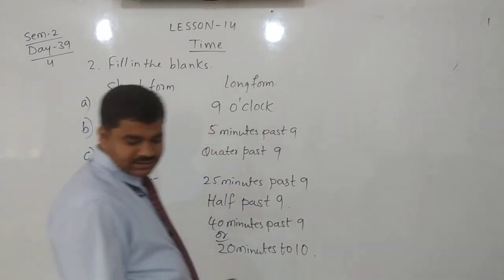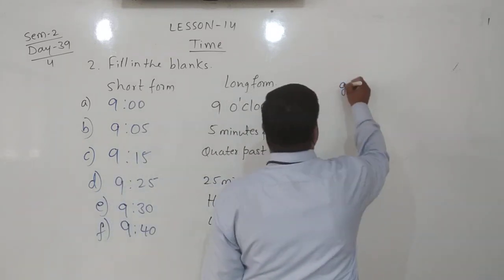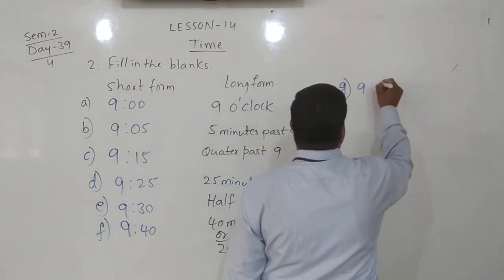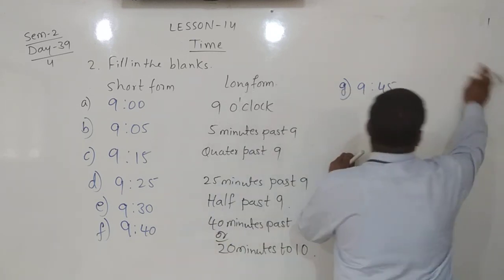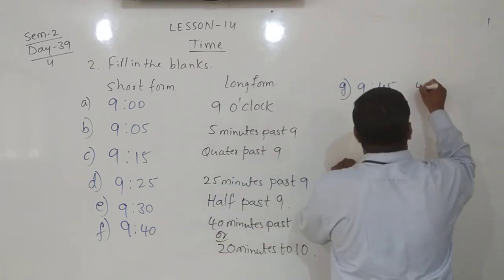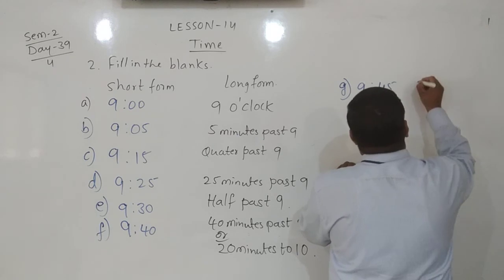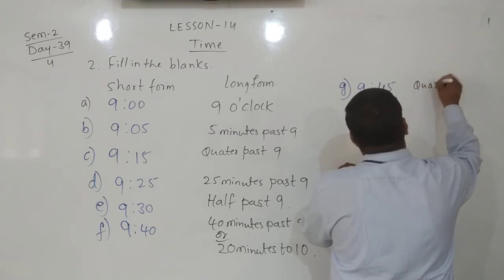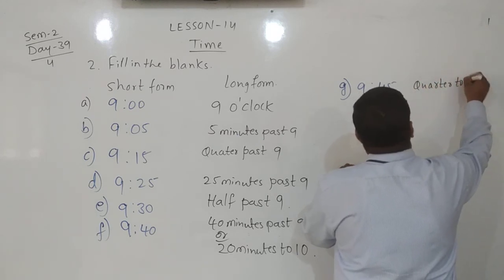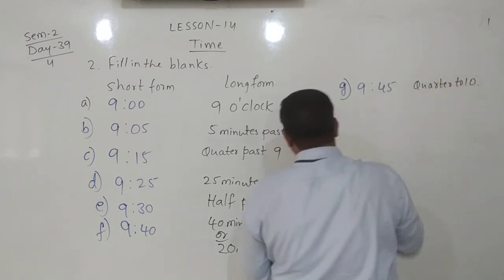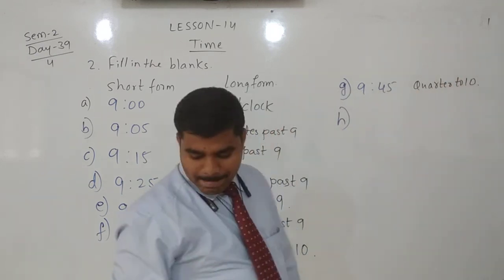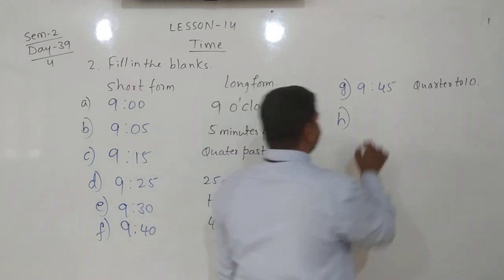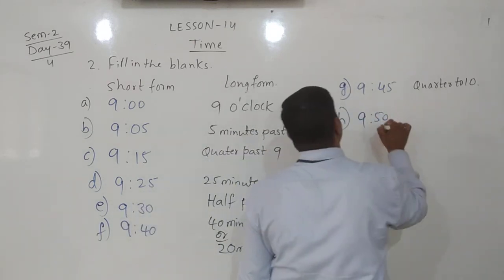And G is 9:45. The full form is quarter to 10 or 45 minutes past 9. We can write quarter to 10. H is, yes, 9:50. 9 hours 50 minutes.